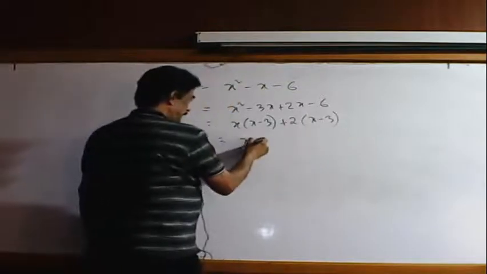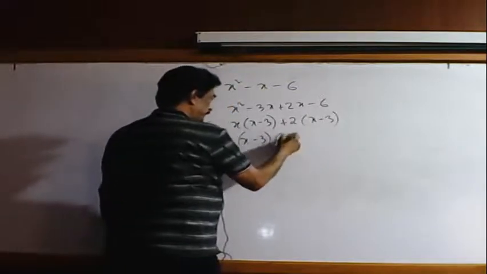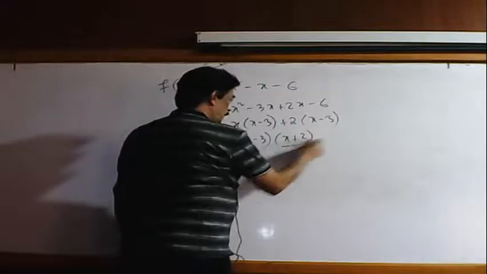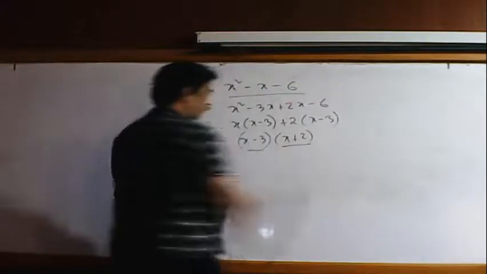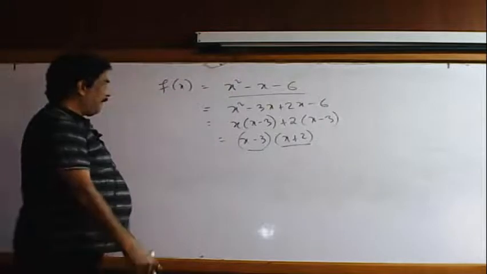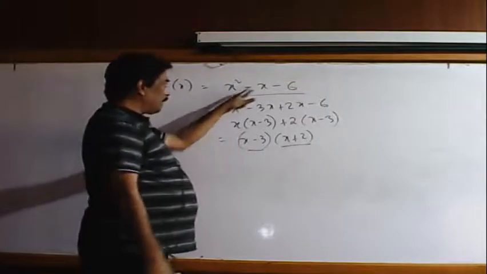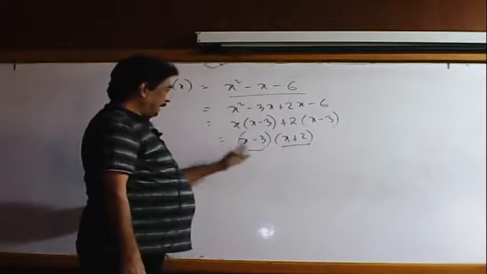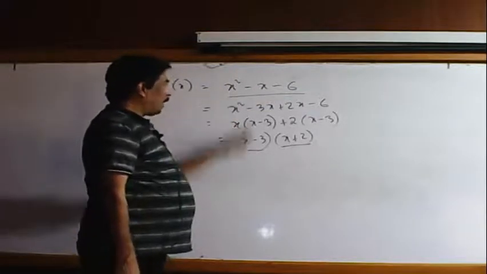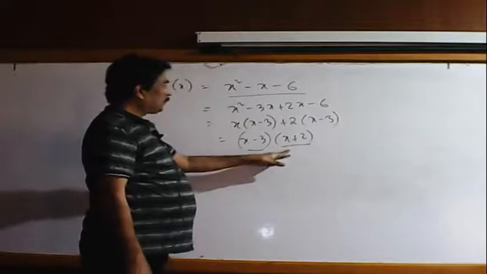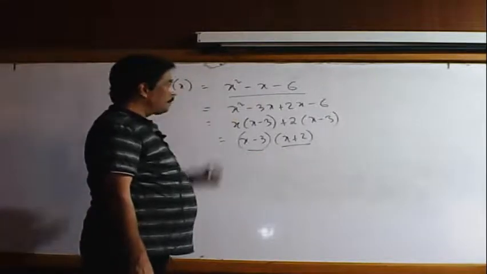So x minus 3 and x plus 2 are the two factors of the given expression. The theory is that f(x) is equal to x square minus x minus 6, and x minus 3 is one of the factors of the given expression. x plus 2 is also one of the factors.